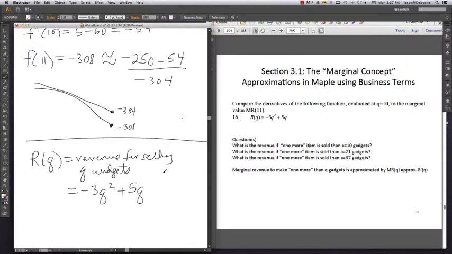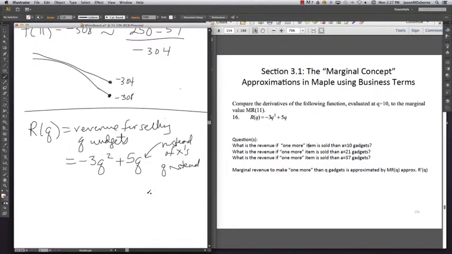All we're seeing here is that instead of x's, we're using the variable q instead. It's the same function, except x has been replaced with the q for quantity. Q equals quantity, in this case the quantity of items sold.